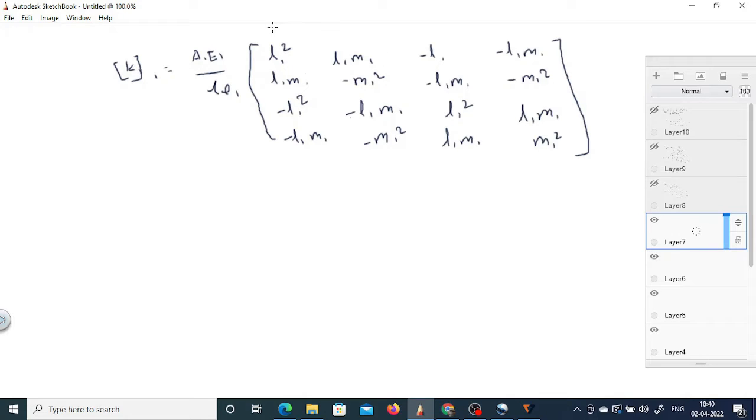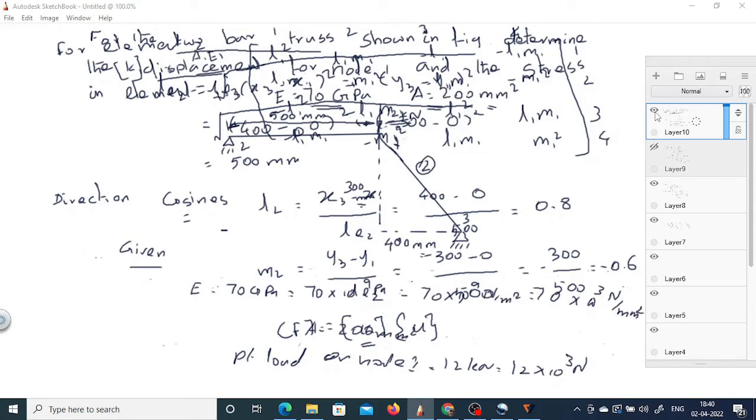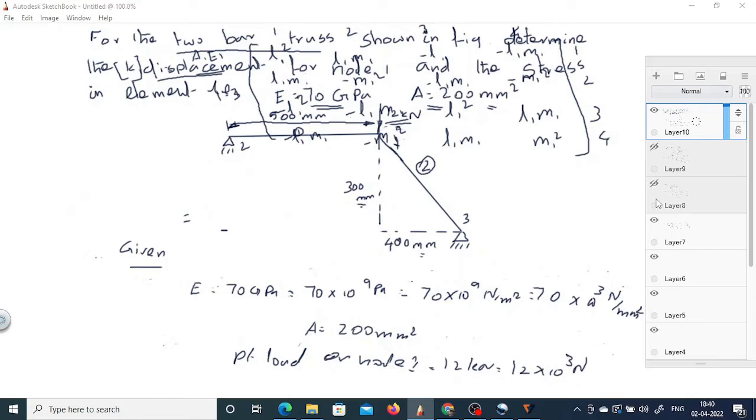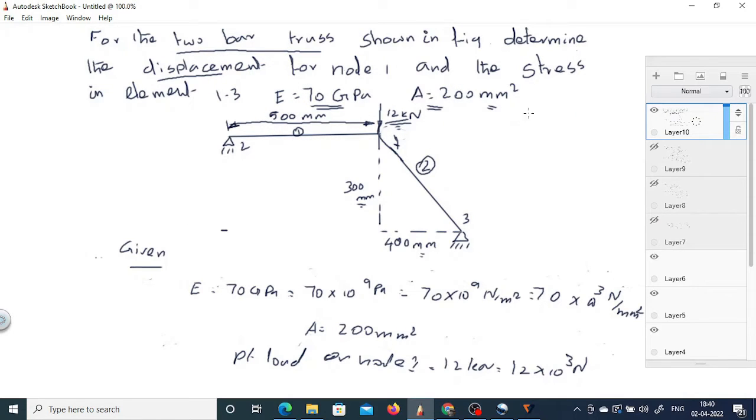In this, we have the first column, second column, third column, fourth column. Similarly, first row, second row, third row, and fourth row. After that, what is the area? According to our problem, the area is 200 mm square.